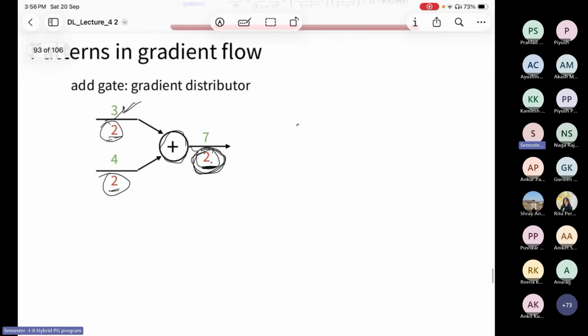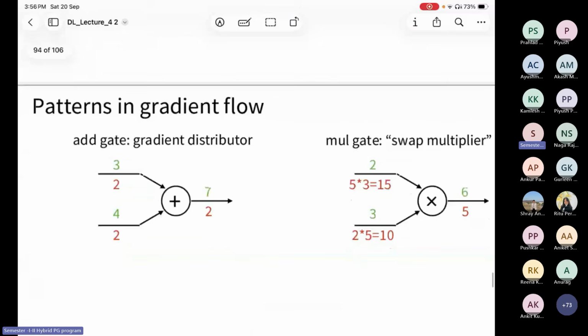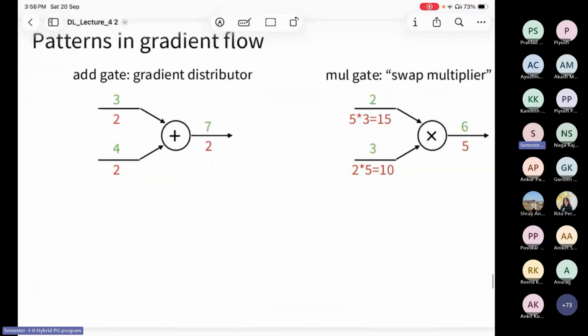Okay. Now let's see the multiplication. What is happening in the multiplication? Whenever we have multiplication, we know that your local gradients, like we are swapping the values, exchanging the values. So if I want to find the gradient of the final function with respect to this particular variable, then this is the upstream gradient, and the local gradient for this part will be what? 3, value exchange, and local gradient of this part will be what? 2.